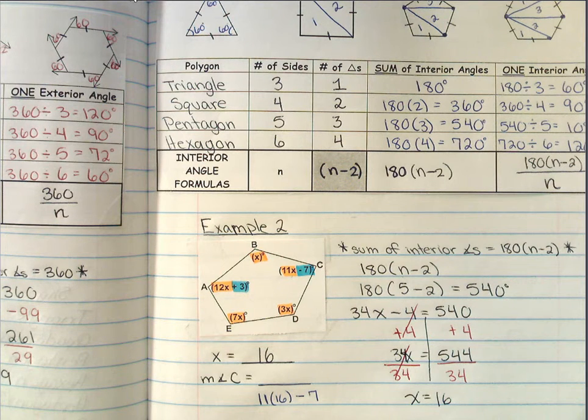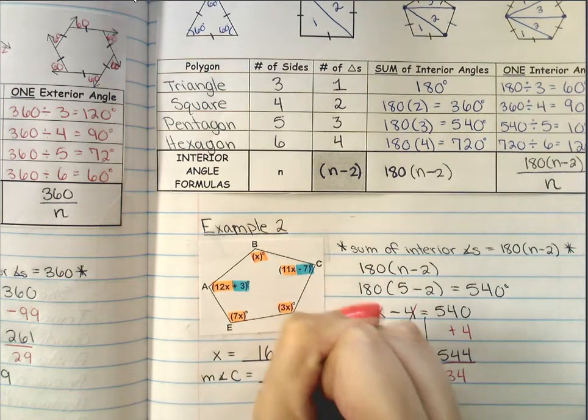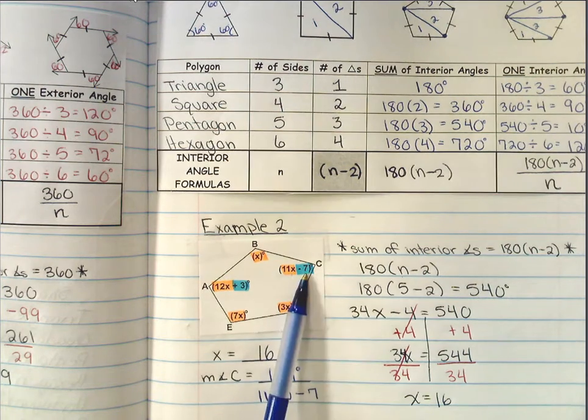That gives me 169. So angle C is 169 degrees. Again, pictures are not drawn to scale. That's why it looks like it's acute, but it's not.